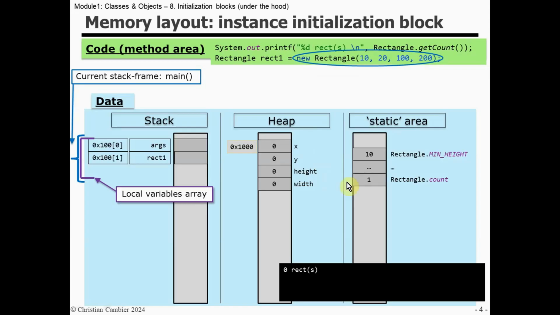Once that is done, control resumes in the constructor, thereby invoking the setters. So the count is not executed in the constructor anymore. We took it out and moved it to the instance initialization block.